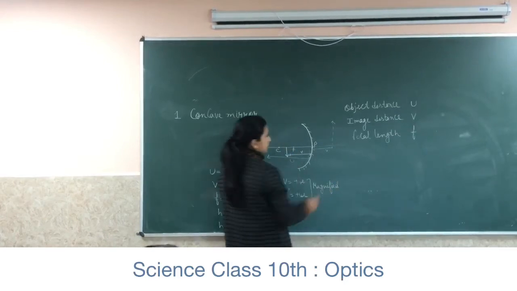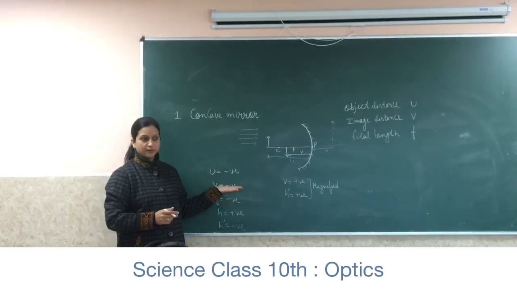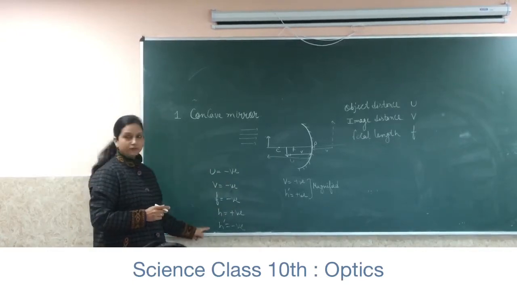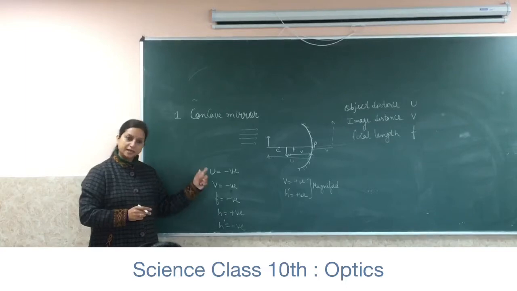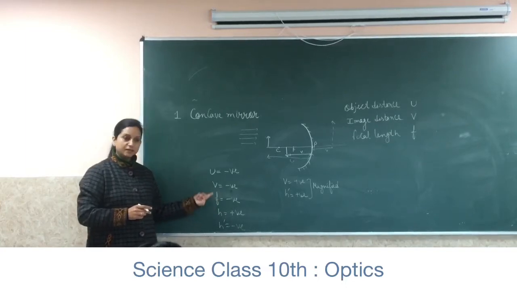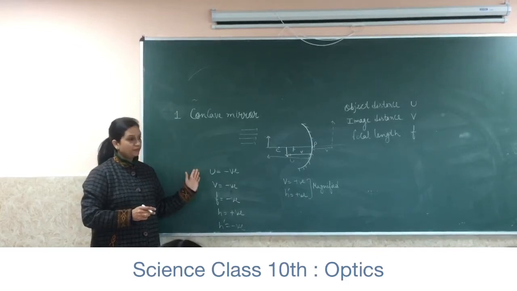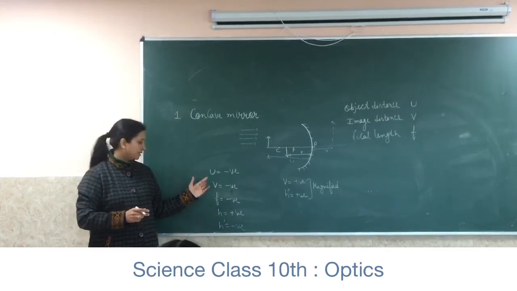Okay? Clear? So this is how we apply the sign conventions to the concave mirror. In case of the concave mirror, u will be taken as negative, v will also be taken as negative, focal length will also be negative because all these distances are lying to the left of the pole, and as per the conventions, the distances measured to the left of the pole are taken as negative.